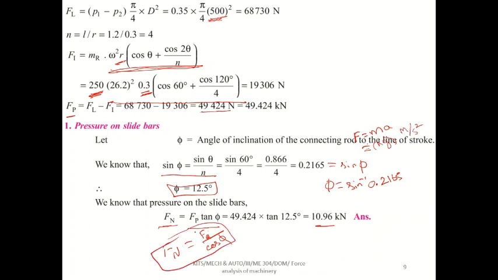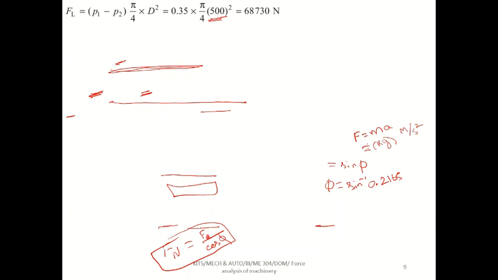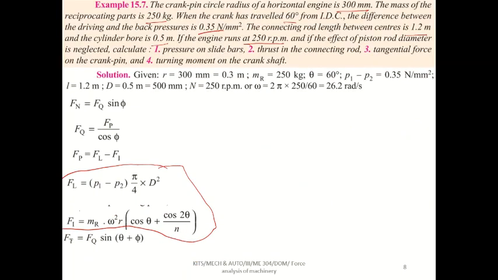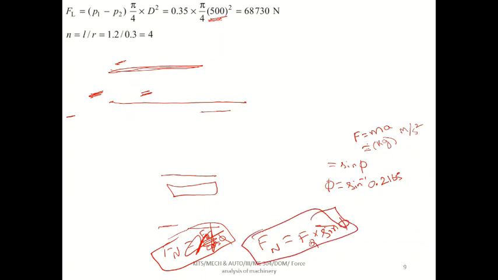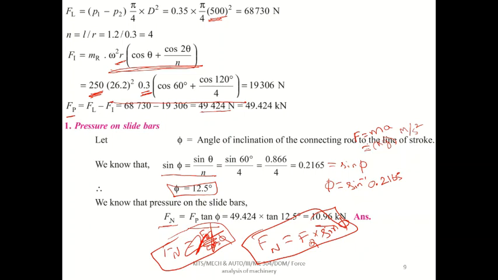Ft equal to Fp into tan phi, or Ft equal to Fq into sin phi. Both are correct and the same. You can use any one formula.